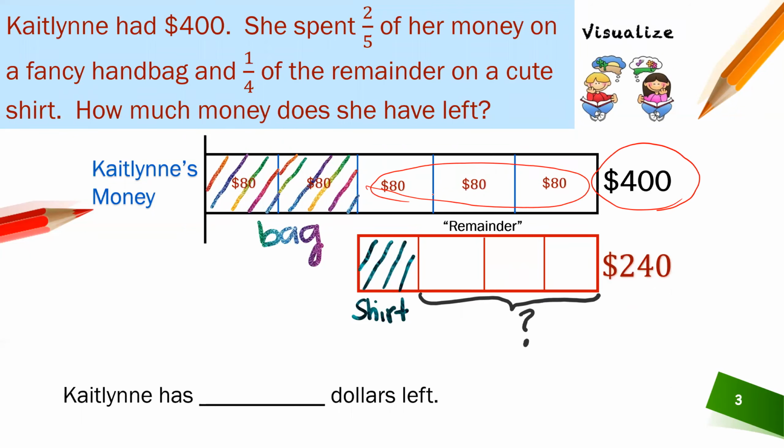So if 240 is going to be divided into 4 equal parts, the shirt must have been $60, or each one of these small equal parts in red is $60. So she has 60 times 3 left, which is $180 left, right? So she has $180 left. That's the question mark. Nice. Very clean, right? And that's with the help of model drawing.